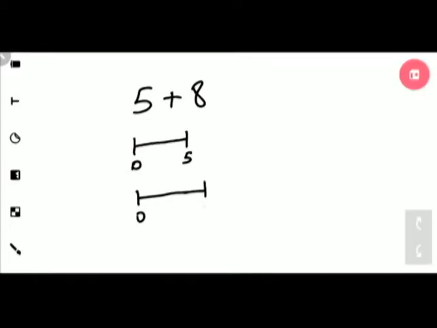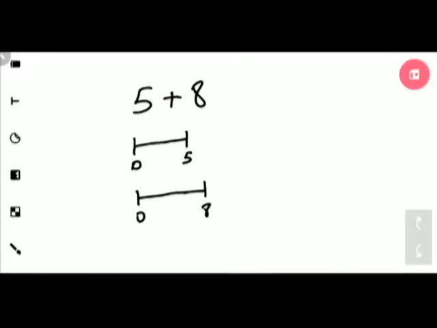So let's go back to our basic problem. 5 plus 8. One way to look at this is, you don't necessarily need to put in the tick marks, but if you take a number line and you have 0 to 5, that's value number 1. Value number 2 is going to be 0 to 8.